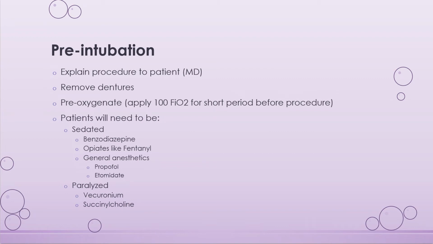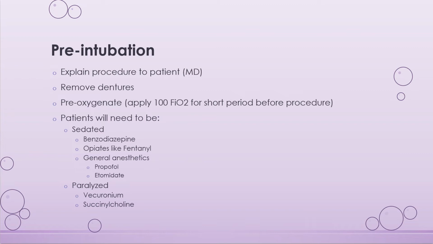All right. So what happens if we need to actually intubate or put an endotracheal tube in? This is an advanced procedure. Again, usually if the patient is awake enough or capable, the MD, the physician, is going to explain the procedure to the patient.